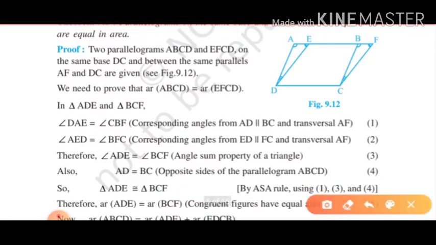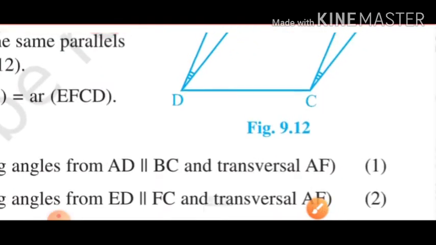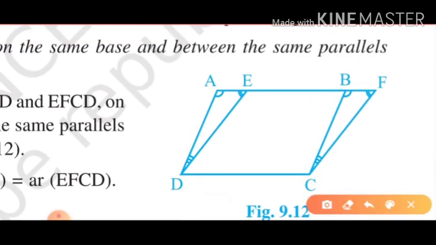And if you look at here, triangle ADE will be congruent to triangle BCF. Why? Because this angle is equal to this angle, and this angle is equal to this angle. Also AD is equal to BC. If I zoom in, this angle is equal to this angle, then this side is equal to this side, and then this angle is equal to this angle.